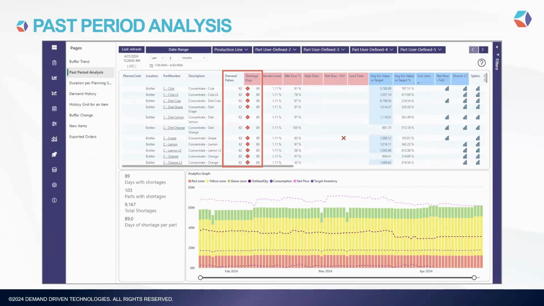So it's 89 days of stock out, but right here in the demand pulses, how many days of demand did I have? So using this chart, you can see I'm really stocked out and these are the items I had the most demand on. When you select anything up at the top, you'll have a chart for it down at the bottom. But these would be your items to focus on.